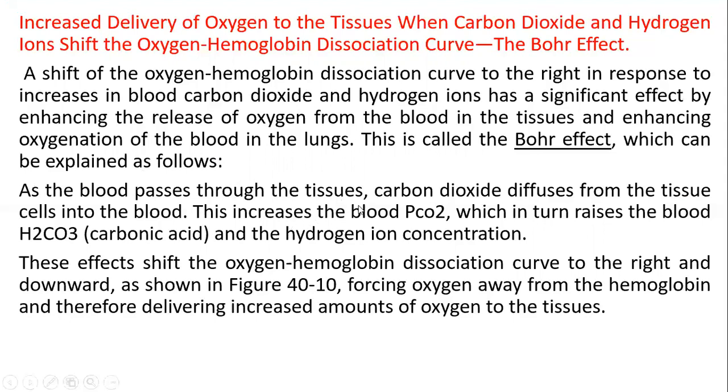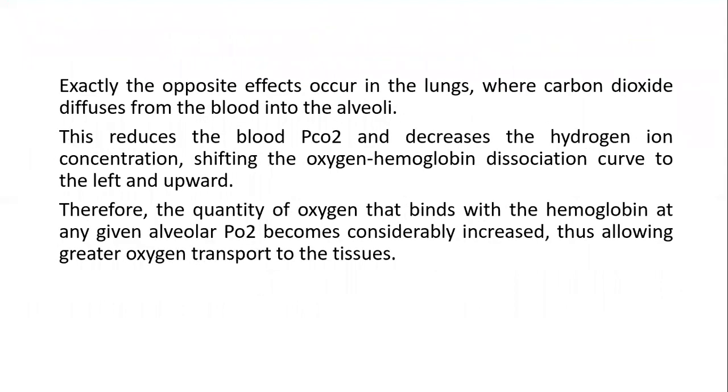As the blood passes through the tissues, carbon dioxide diffuses from the tissue cells into the blood. This increased PCO2 raises the blood carbonic acid, carbon dioxide, and hydrogen ion concentration. These effects shift the oxygen hemoglobin dissociation curve to the right and downward, as shown in figure 40-10, forcing oxygen away from the hemoglobin and therefore delivering increased amount of oxygen to the tissues.